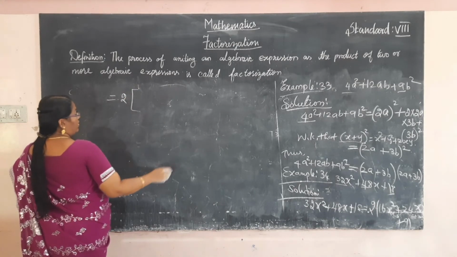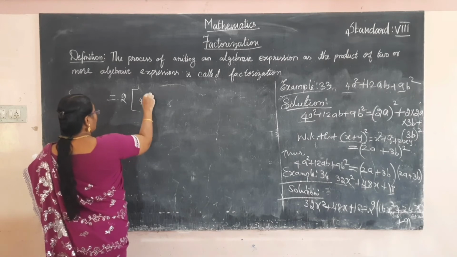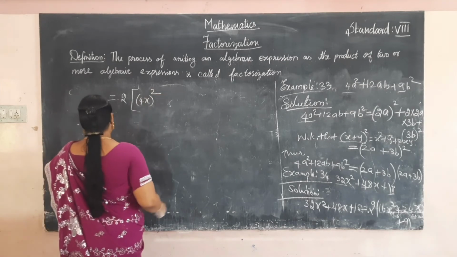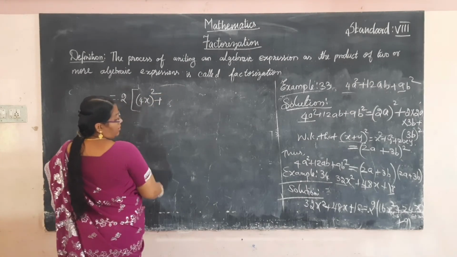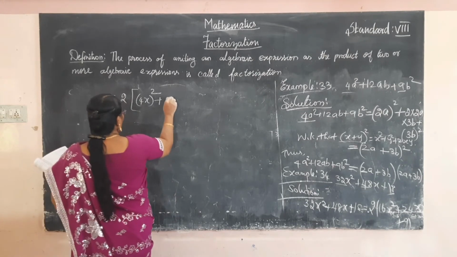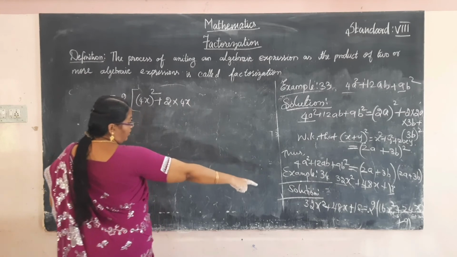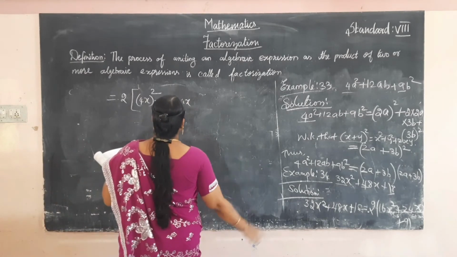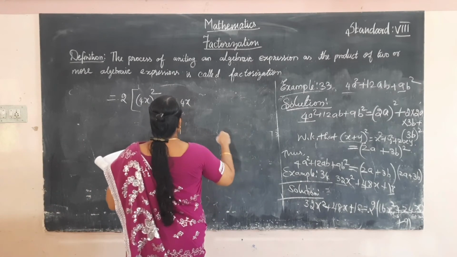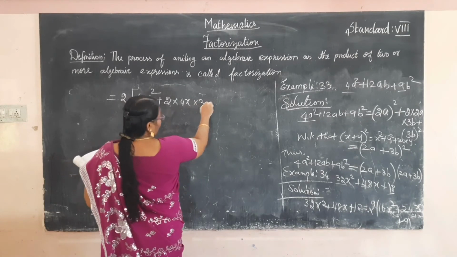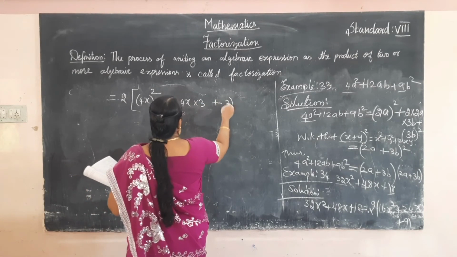So 16x squared can be written as 4x the whole square, plus 24x can be written as 2 into the x value 4x and the y term. 9 can be written as 3 square, so the y value is 3, plus 3 the whole square.